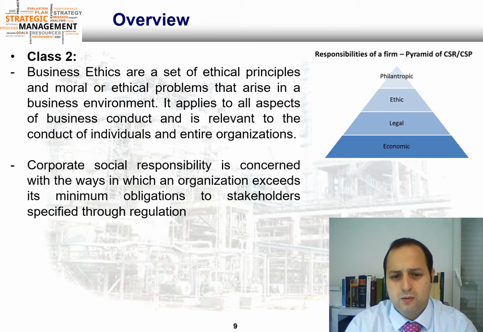During class 2, we spoke about business ethics, which are a set of ethical principles and moral standards that arise in the business environment, and a very important thing which we call corporate social responsibility, which is concerned with the ways in which an organization exceeds its minimum obligations to stakeholders specified through regulation.